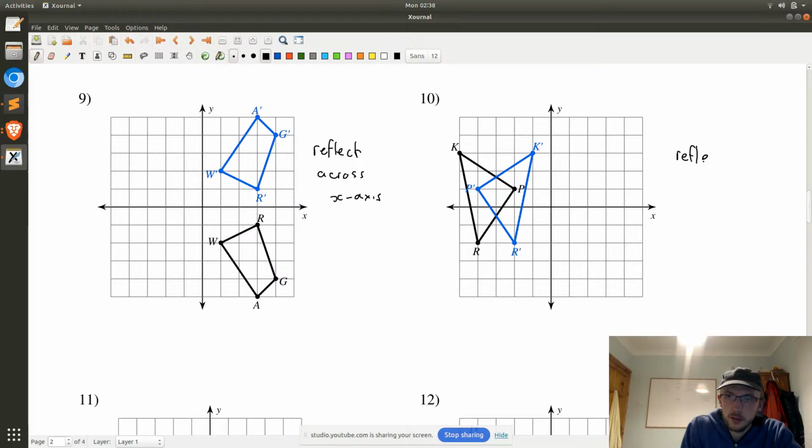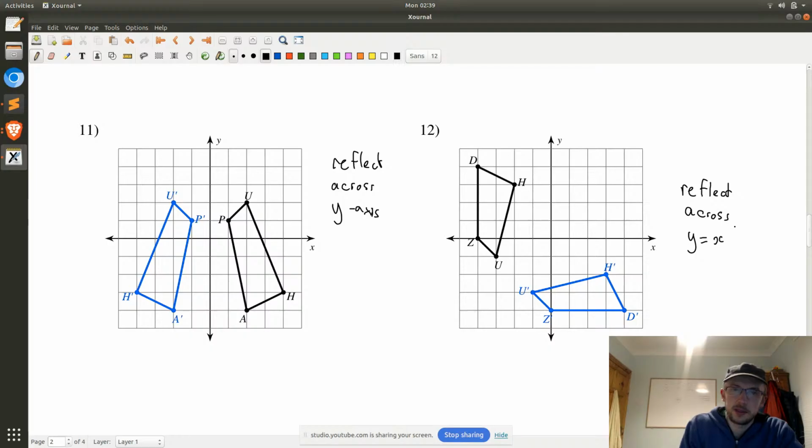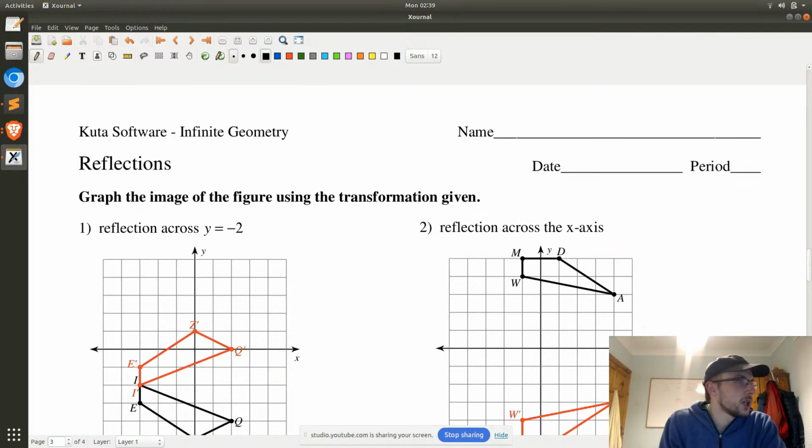Reflect across. There. Y axis and reflect across y equals x. And check.